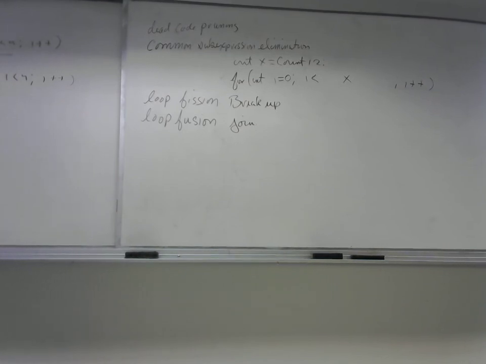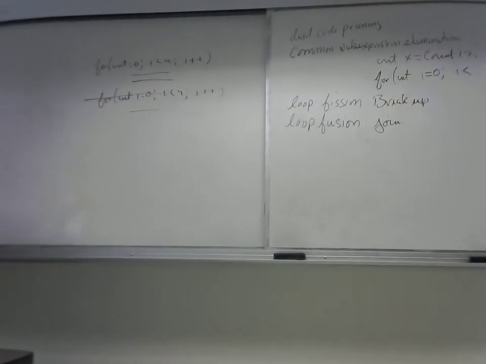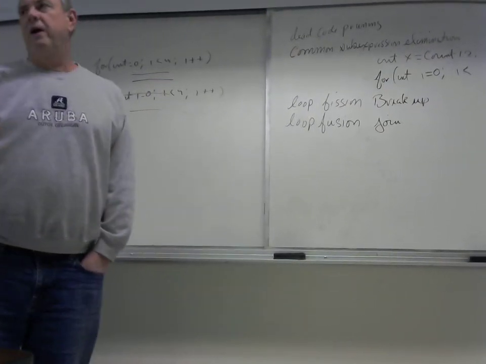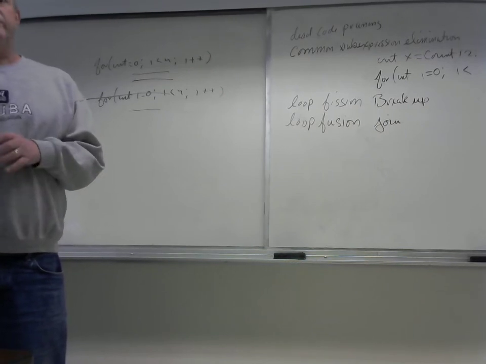So you have two sequential for loops in a row like that. You can instead get rid of this and put two instructions in that. So that is loop fusion, where you combine things to make a new loop with more in it than it originally had.